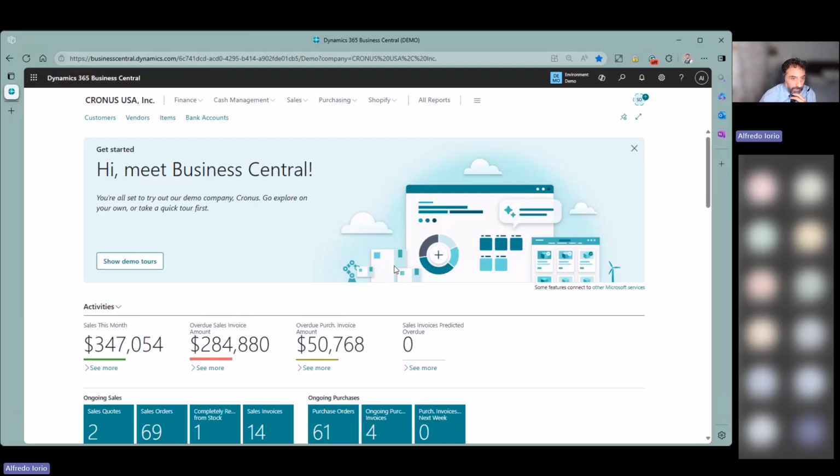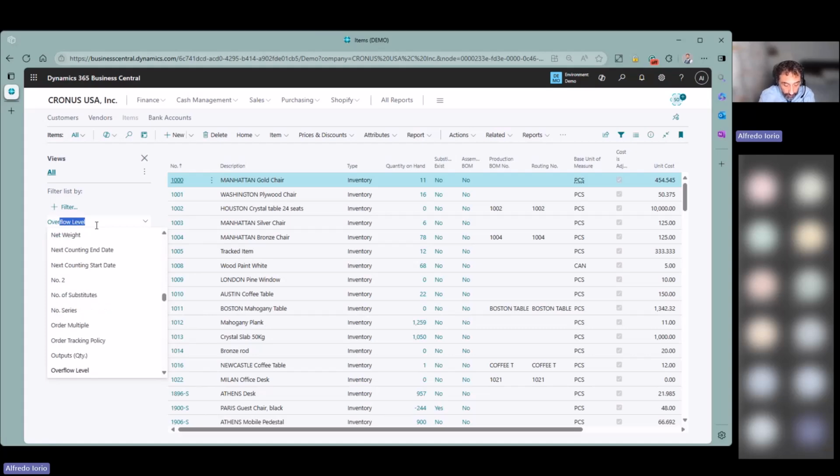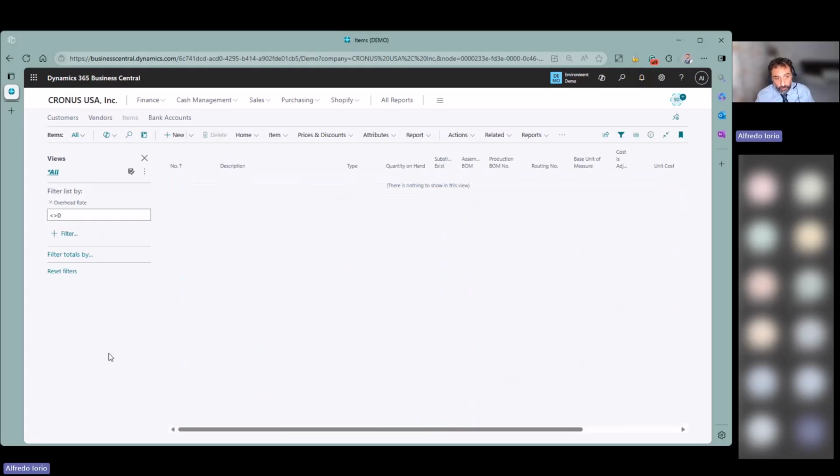Right, so let's look at the item card because the first thing that I want to show you is the indirect cost setup. The indirect cost setup is stored overhead rate in the overhead rate field. So if I filter my item list using overhead rate not equal to 0, right?